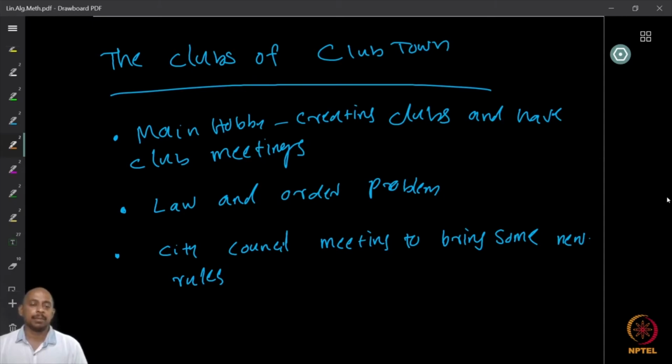Now the problem was that the number of clubs started increasing, and because there is no restriction, you can have so many clubs. Even the same set of people will form several sets of clubs, right? And then you have these club meetings. When several club meetings are happening, and one person is present in several of them, there is going to be trouble.